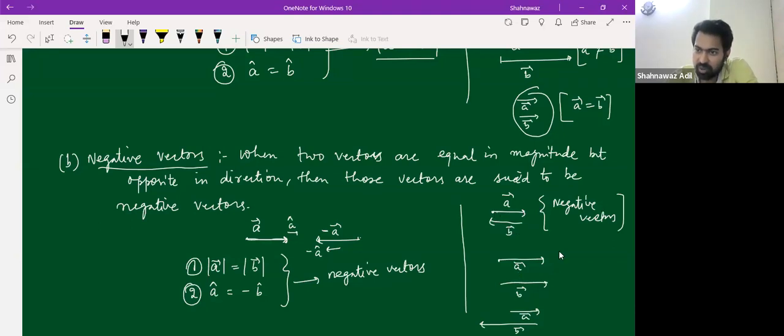And what about these? Are these equal vectors? Equal vectors, sir. Yes. Correct. And what about these? Not equal, sir. So not equal and not negative vectors.